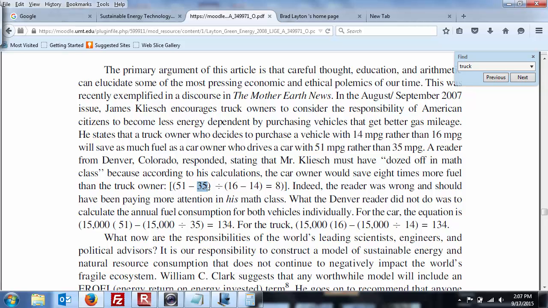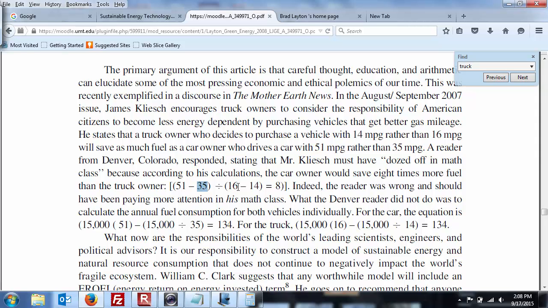So, for driving, let's just drive for 1 mile. Well, let's see, miles per gallon. No, let's just give you 1 gallon of fuel. Let's start it that way. We'll give you 1 gallon of fuel. This car right here is going to go 51 miles. This car is going to go 35, and I'll draw this up graphically in a second.